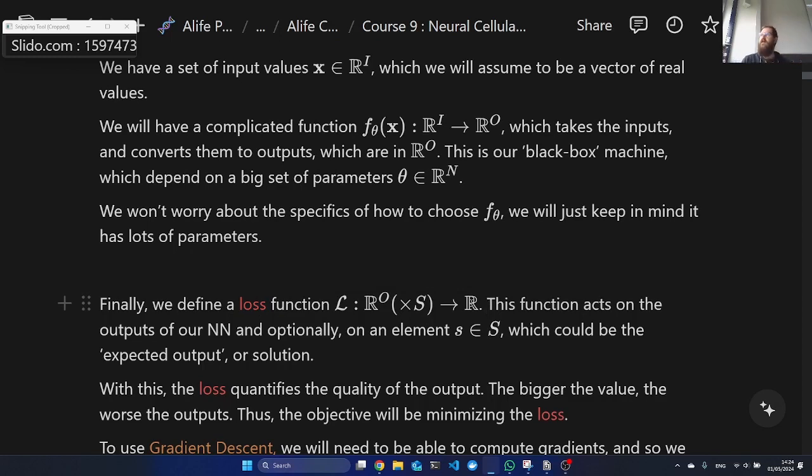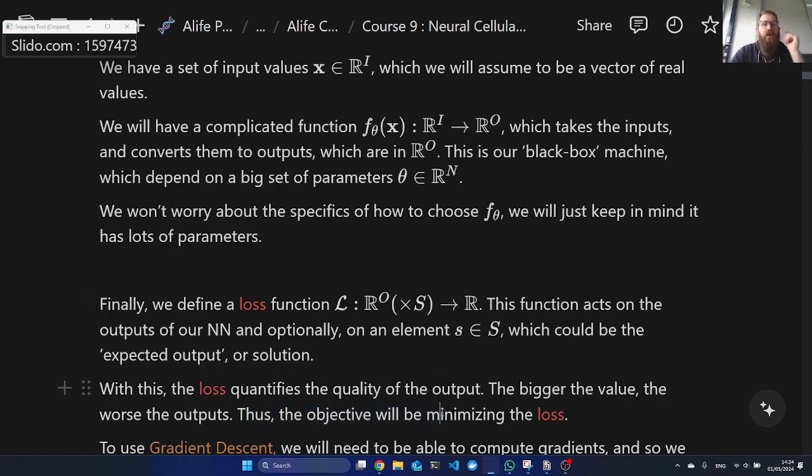It represents how well the output corresponds to our expectation. So the loss quantifies the quality of the output by telling you how bad it does. The higher the loss, the worse the output.